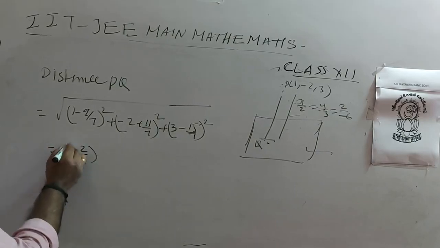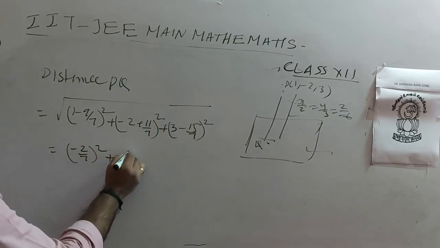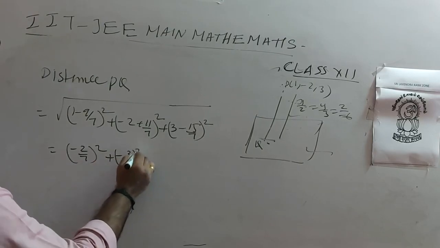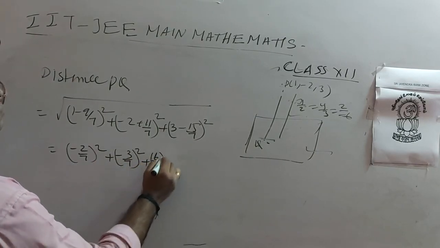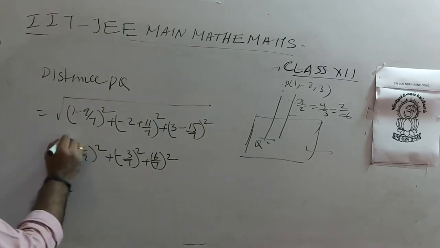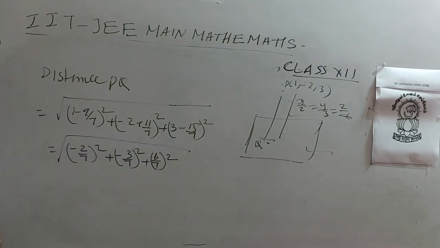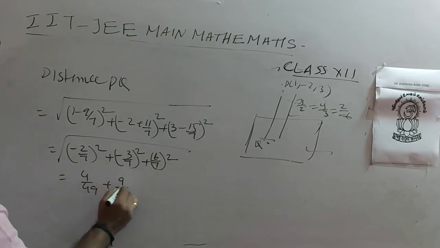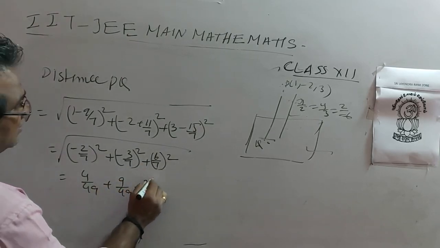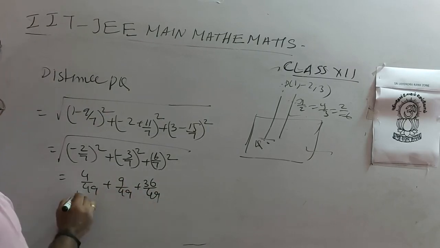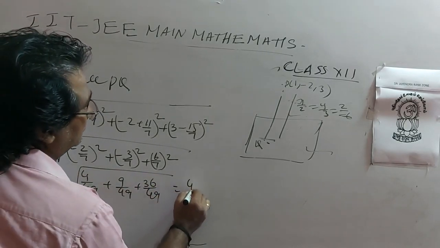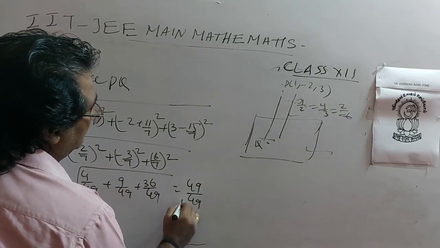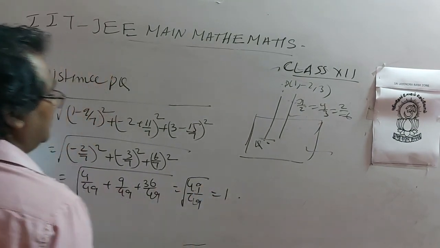That is minus 2/7 whole squared, minus 3/7 whole squared, 6/7 whole squared. 4/49, 9/49, 36/49. Equal to 1.